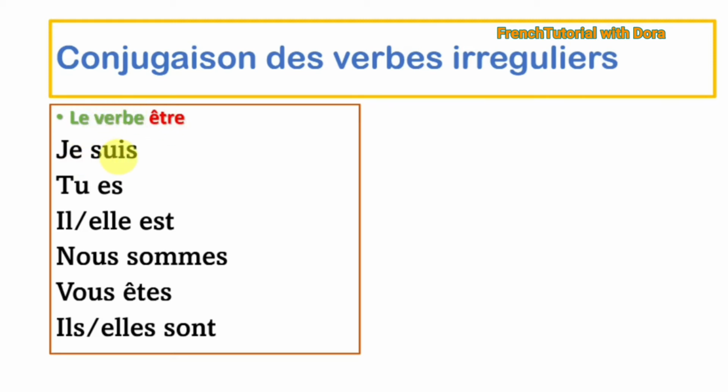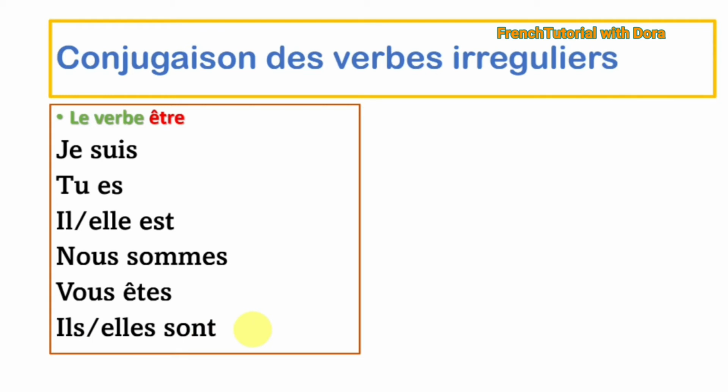Je suis, tu es, il est, elle est, nous sommes, vous êtes, ils sont, elles sont. This is the verb to be in the present tense, être. And this simply means I am, you are, he is, she is, it is, we are, you are, they are, they are.